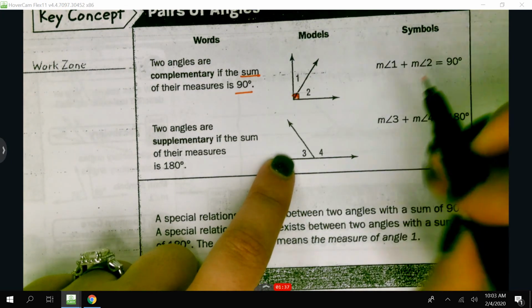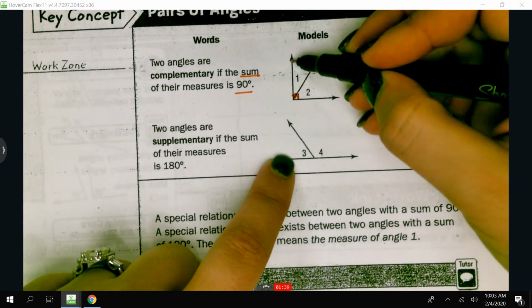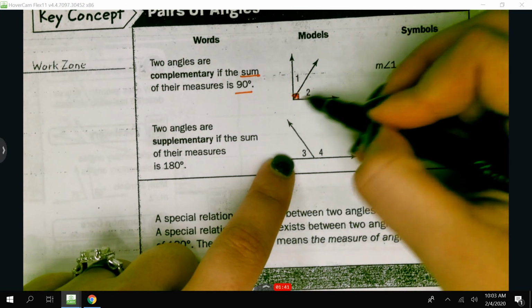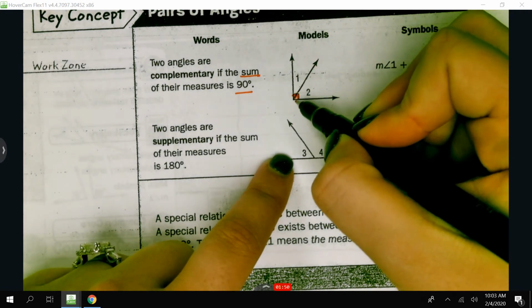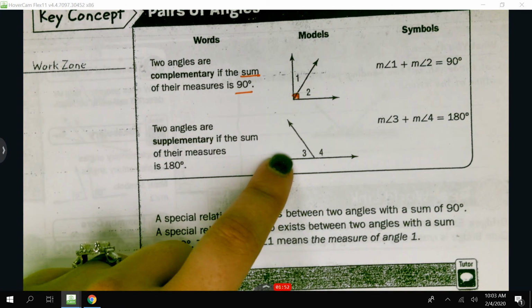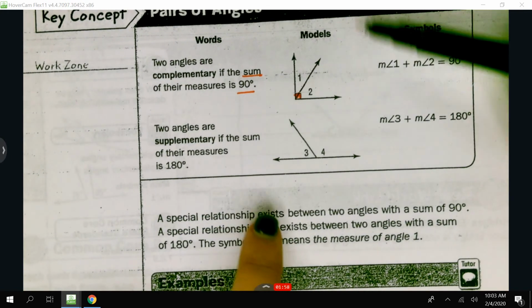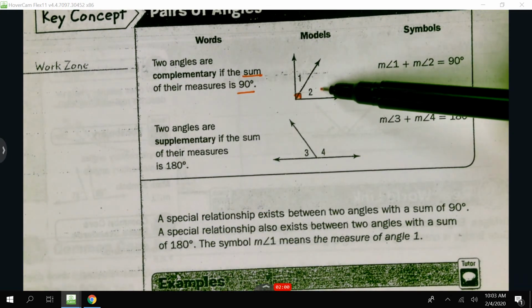Okay. So over here it says the measure of angle 1 plus the measure of angle 2 equals 90. Why did you say 90? Because of that symbol right there that always tells us it's 90. So angle 1 plus angle 2 has to equal 90.